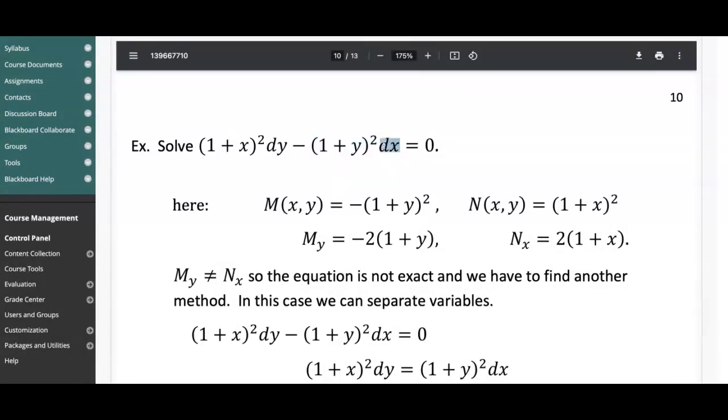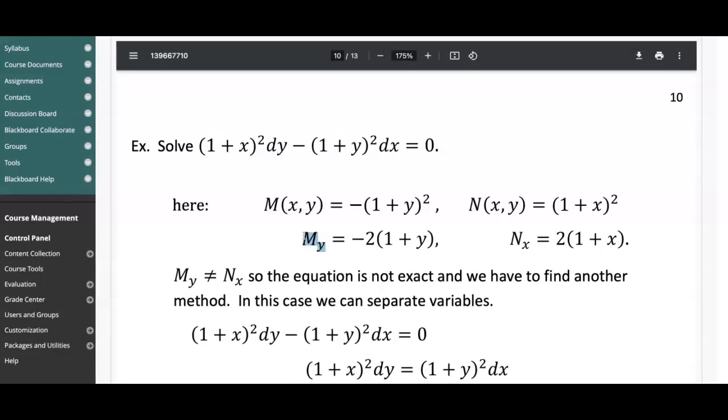M is the one before dx. N is the one before dy. So M is this, N is this, because M is partial f, partial x, that's why this is M. N is partial f, partial y, that's why this is N.